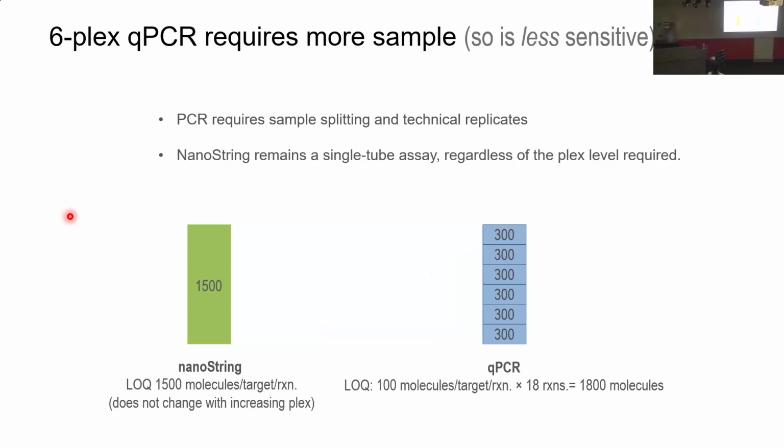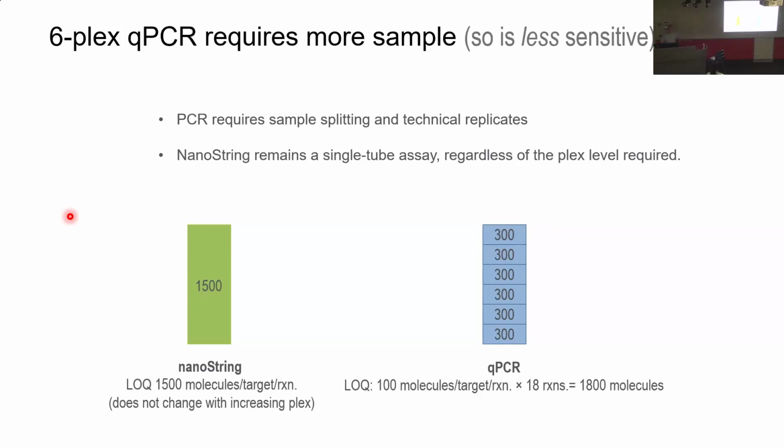So if you have a couple of targets of interest, say a gene and maybe a contextual target that backs up that gene behavior, and you put in, say, 4 housekeeping genes, which is kind of what you want, you're at 6-plex already, aren't you?